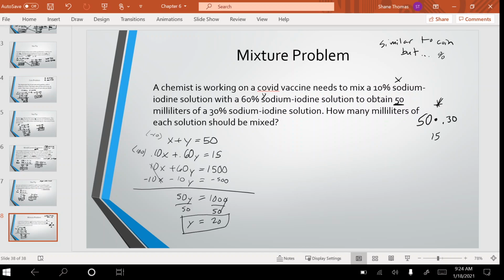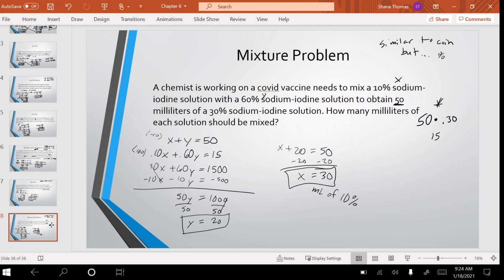Still with me? All right, plug it back into an original. So x plus 20 equals 50. Subtract the 20 from both sides. X equals 30. Boom. So I need 30 milliliters of the 10%.